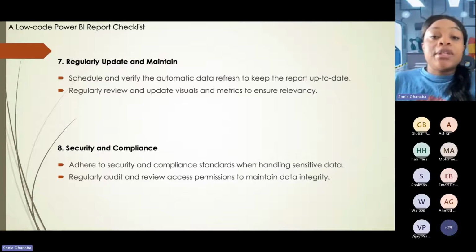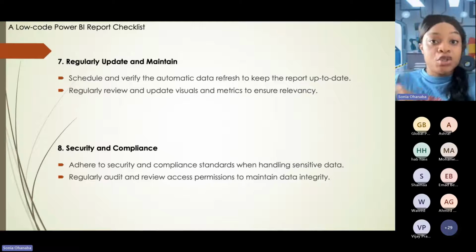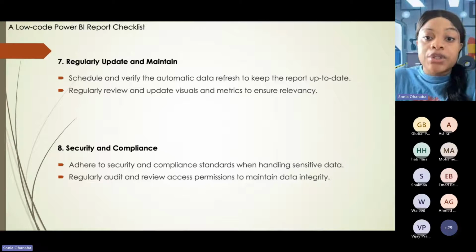If you want it updated every 30 minutes, you could also set that. So you don't need to manually go in and refresh your data. Then, regularly review and update visuals and metrics to ensure relevancy.